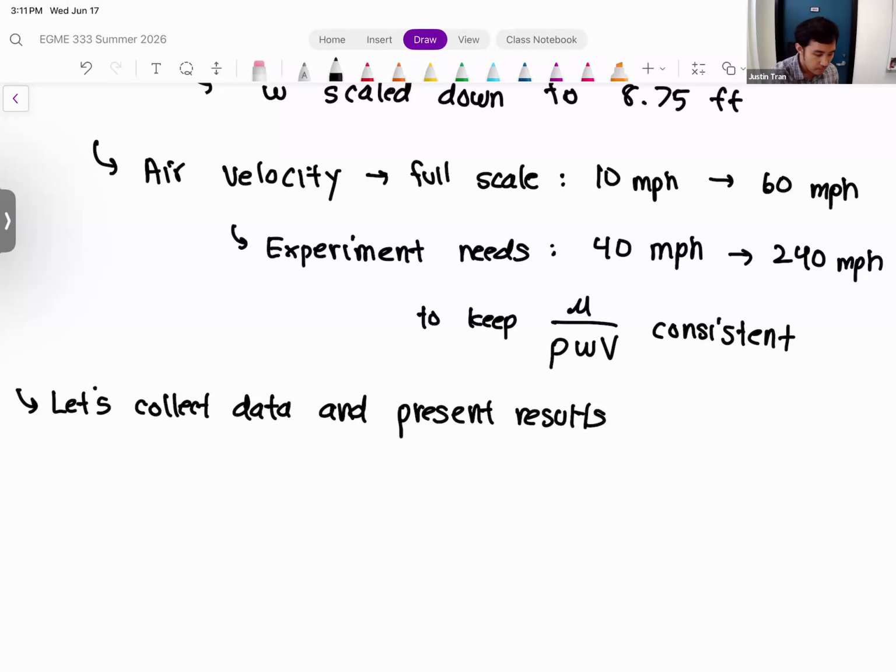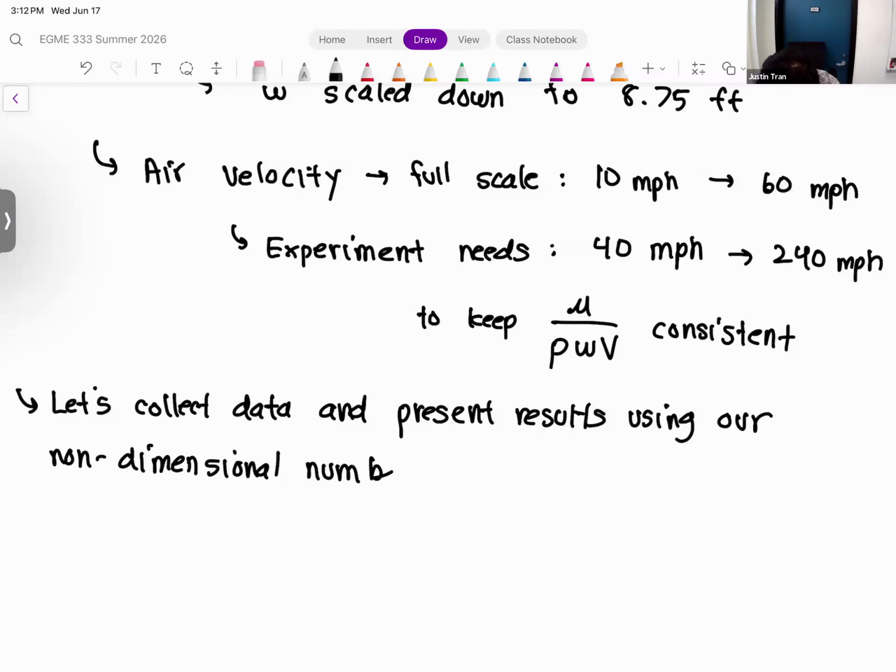Okay. Now, what's unique is that we can use these same non-dimensional numbers to present the results. Okay.